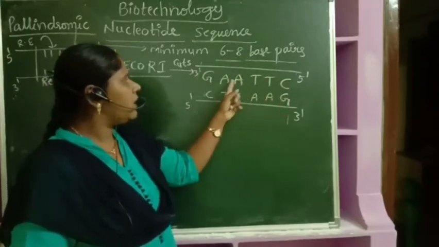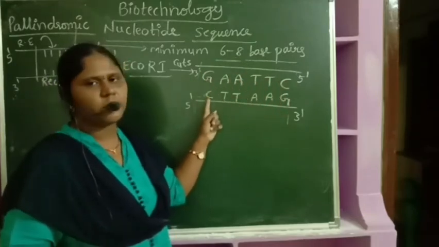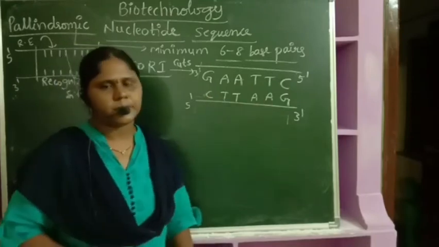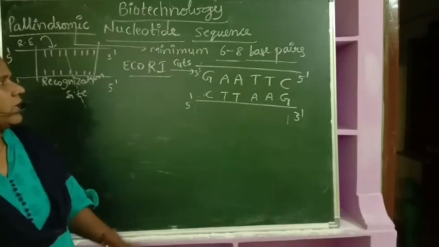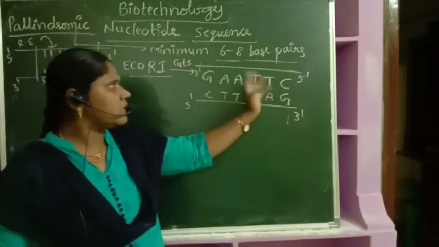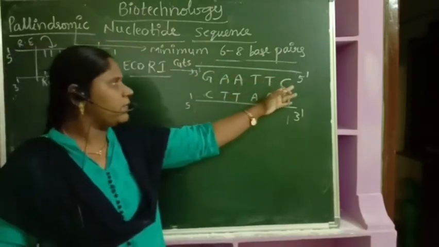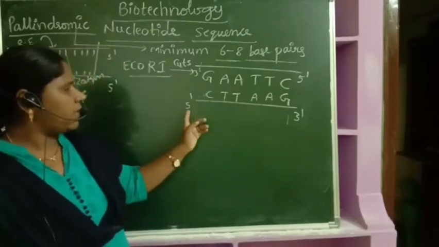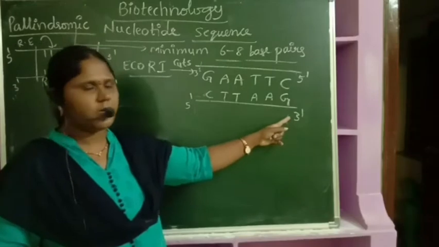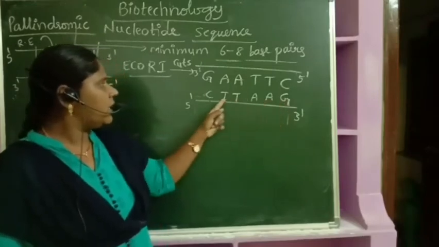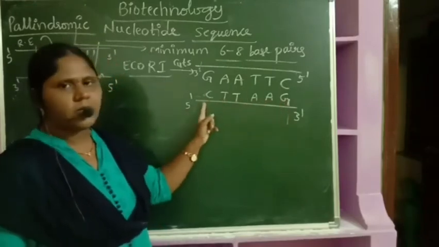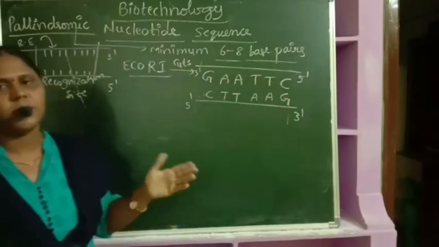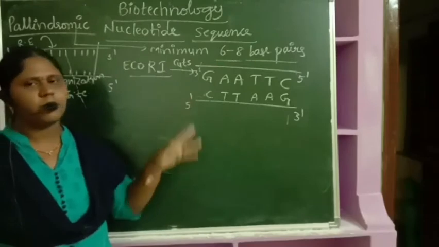C, T, T, A, A, G is the same on the opposite strand. If it starts from G, it ends with C, and if you start from C, it ends with G. On the opposite strand, 5' to 3', it reads G, A, A, T, T, C. So if you read on one strand or on the opposite complementary strand, it will be the same.